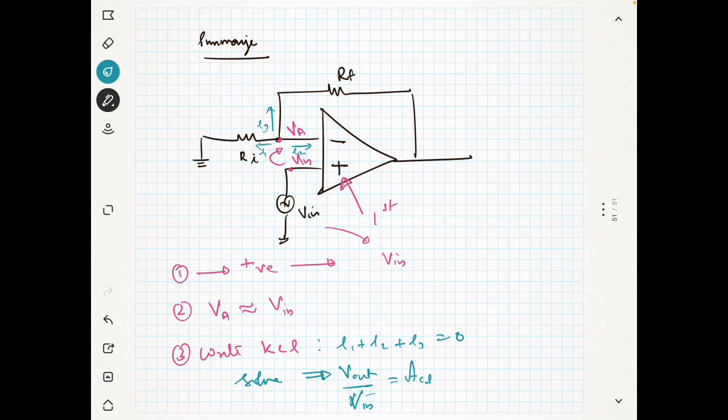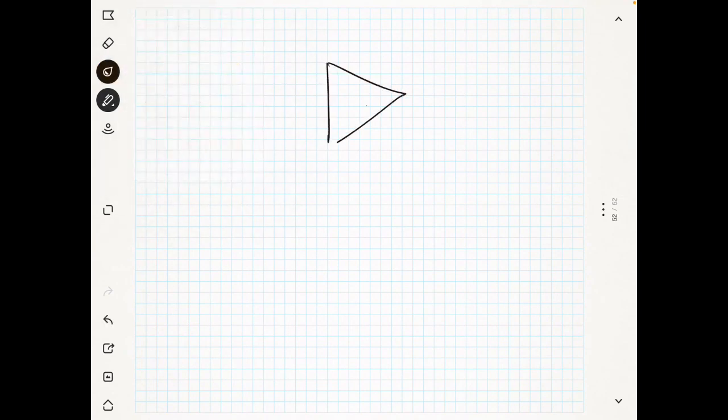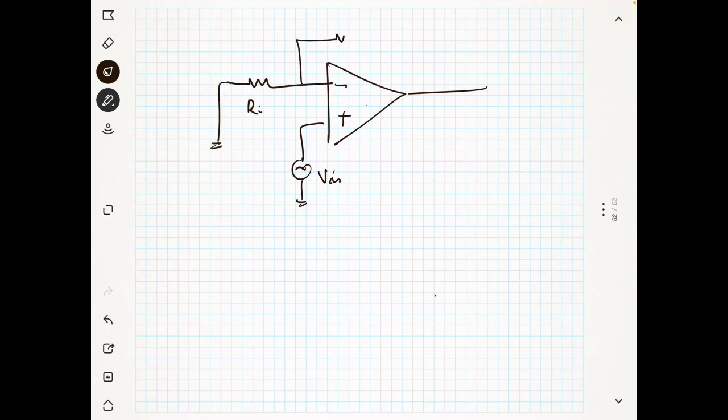But there are some other methods also. You can assume the same thing in another way. Maybe Engineer Abdul Rahim will be teaching like that also. Let's say minus plus, this is V in. After summarizing this, I will finish. Kirchhoff law, another way to apply KCL.